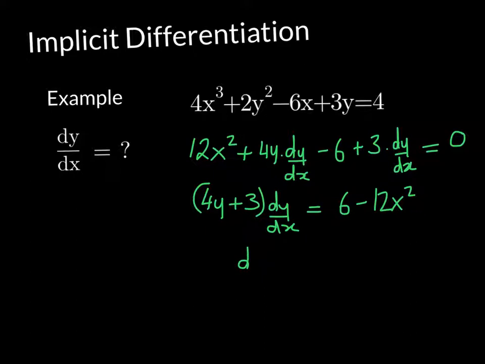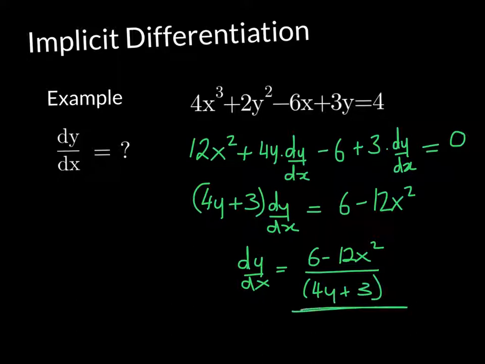So we can then say that dy/dx is equal to 6 minus 12x squared divided through by 4y plus 3. And that's our final answer for dy/dx for that implicit function.